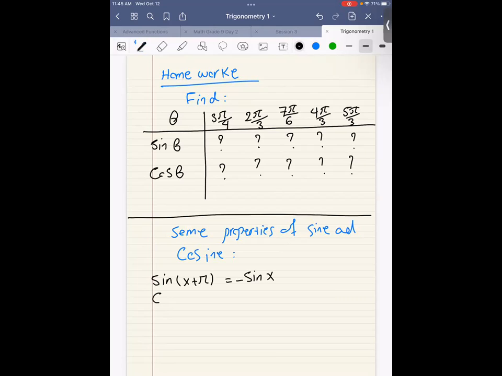Let me put theta because I wrote everything in terms of theta, but it doesn't matter. And cosine of theta plus pi is also minus cosine of theta.